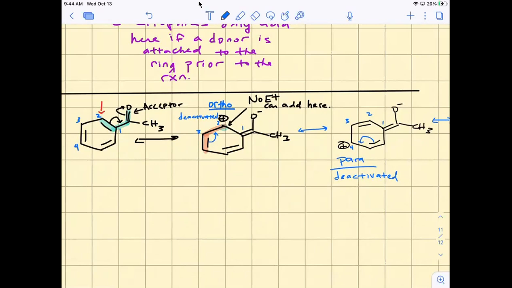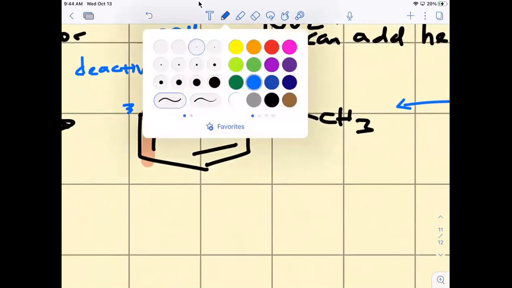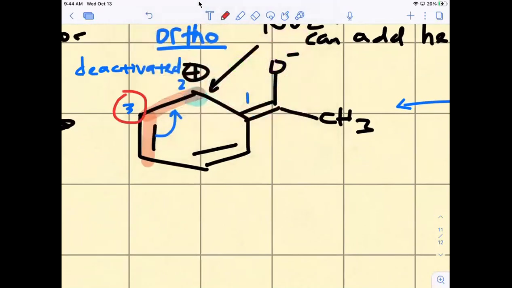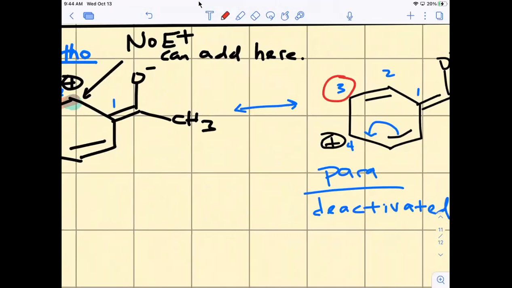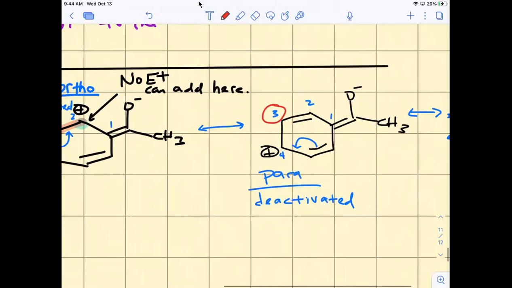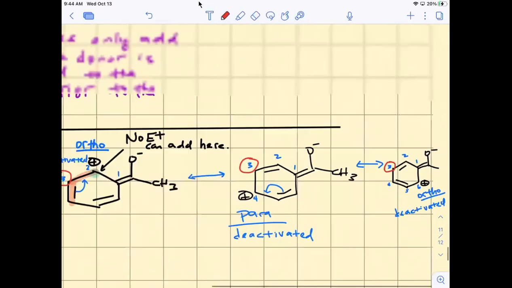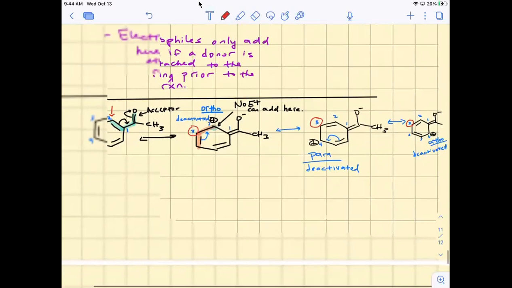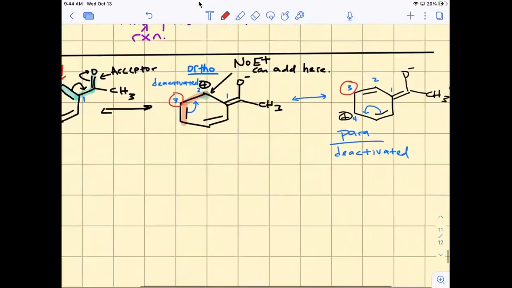Are there some electrons at 3? There's a pi bond there, right? That can be used. Same thing over here. Got a pi bond right there. And then even over here, you see that there's a pi bond present. So that third site, if there's a substituent already on the ring, we call it the meta site.